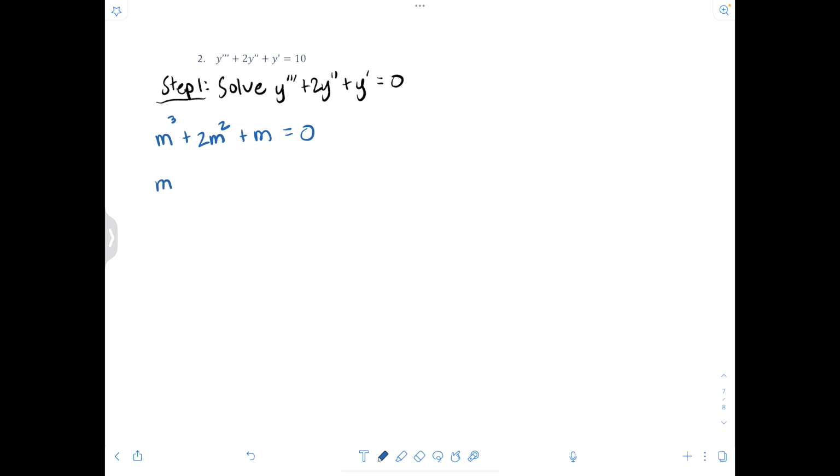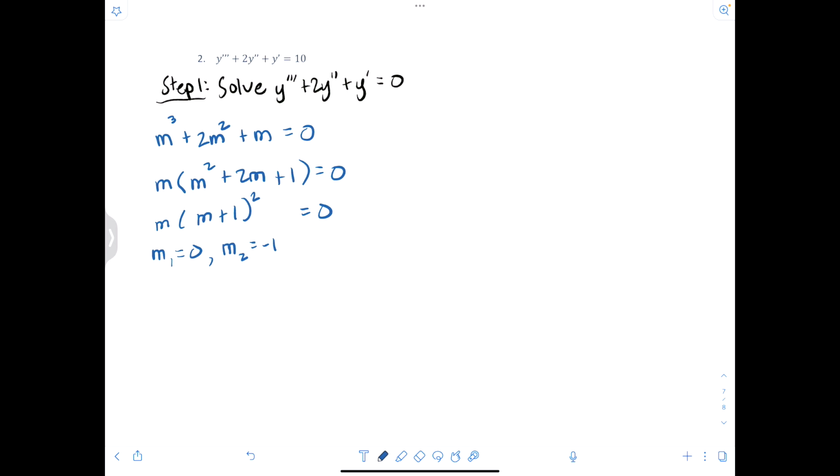Then, factoring out an m, we get m squared plus 2m plus 1 is 0, which is m times (m plus 1) quantity squared is 0. So we get m1 is 0, and then m2 is negative 1, and that has a multiplicity of 2. Cool so far?